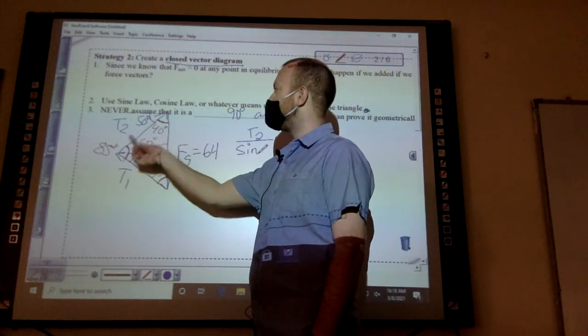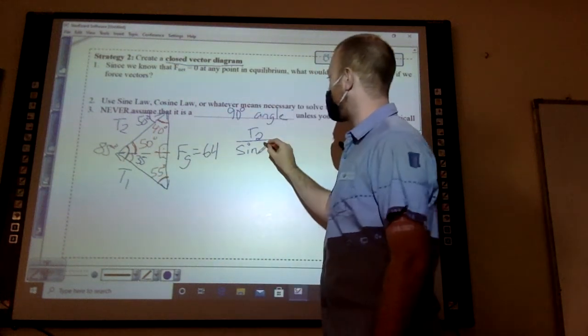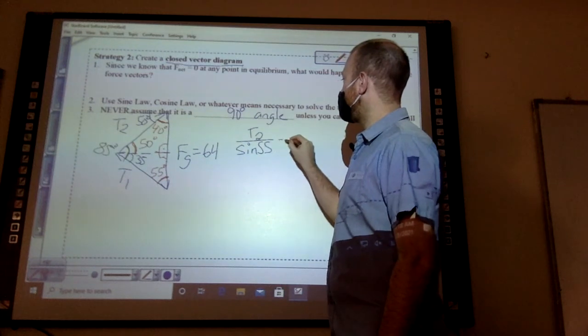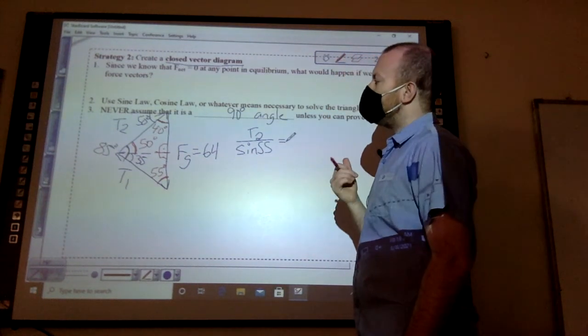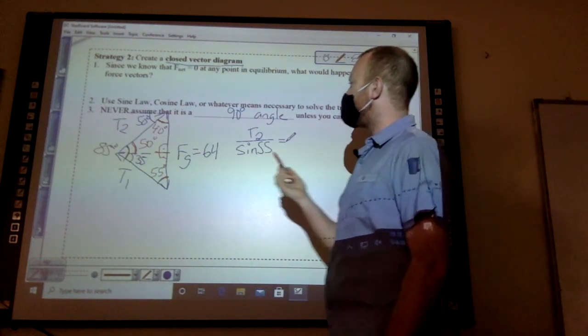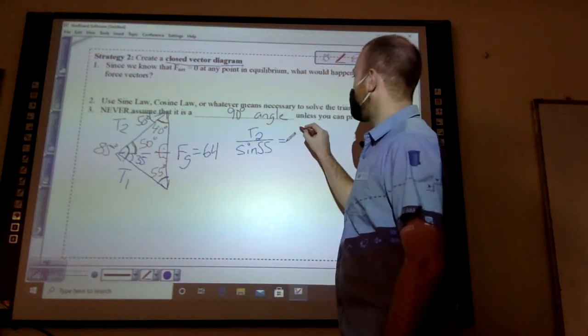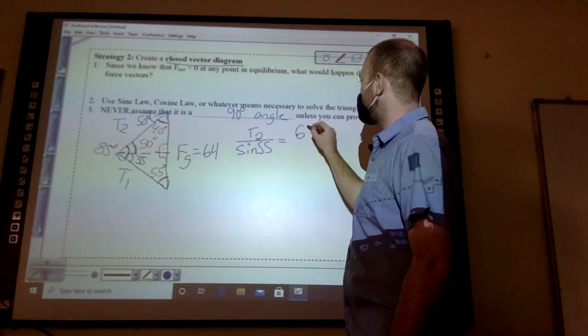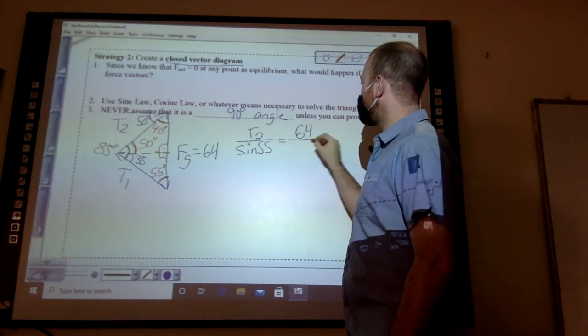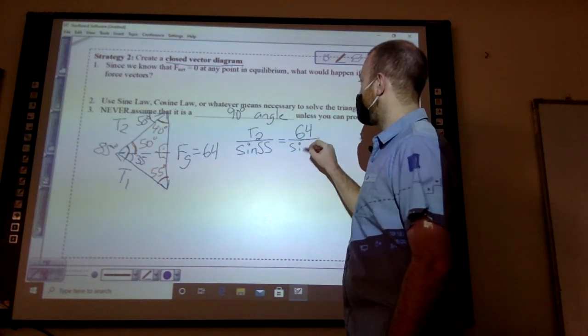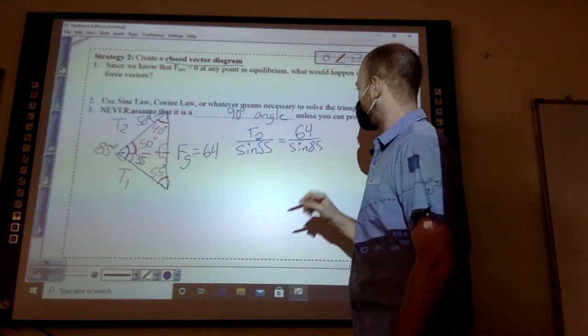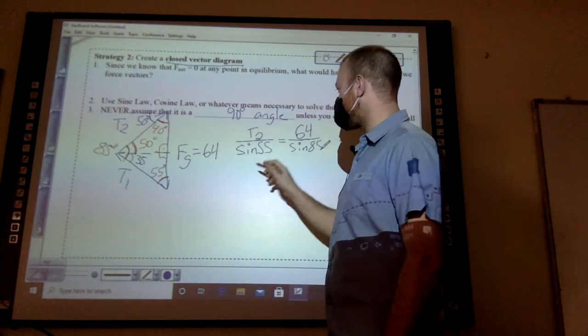So here's my T2, opposite angle is 55, equals, we need to pick the pairing that we have both, which is FG and 85 degrees. So this is equal to FG, which is 64, over sine 85. And then solve for T2.